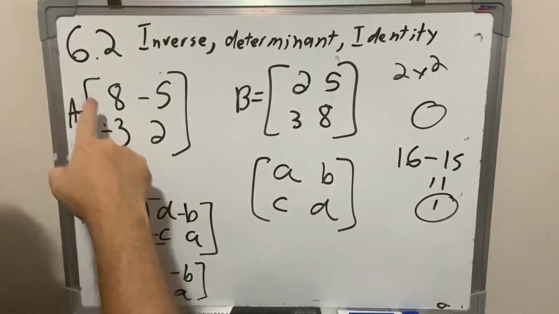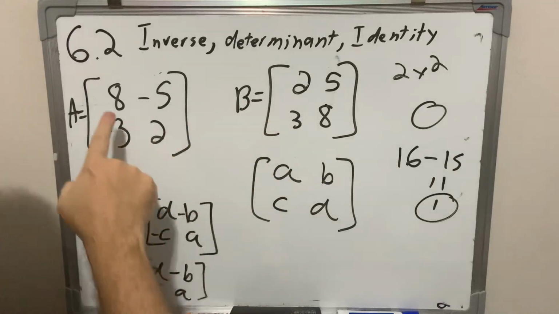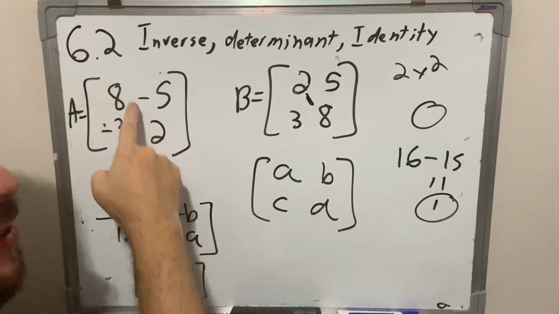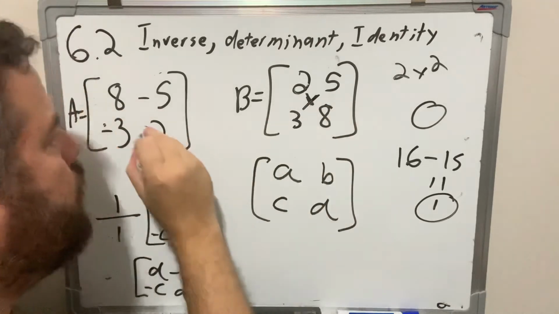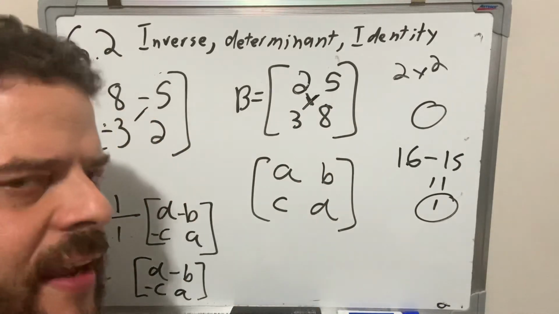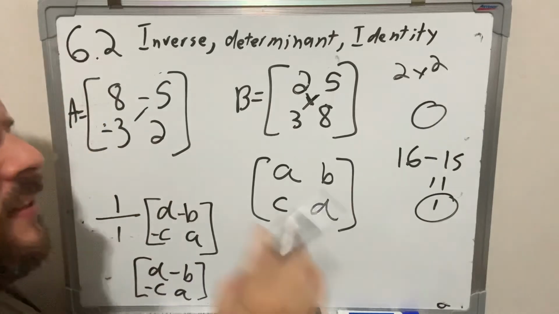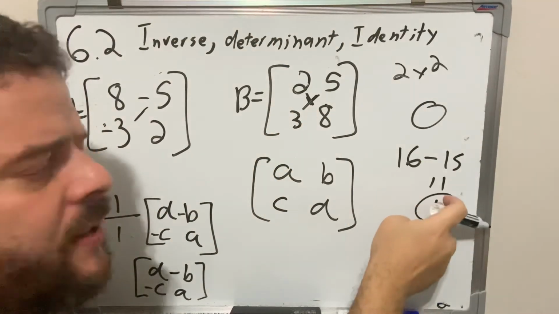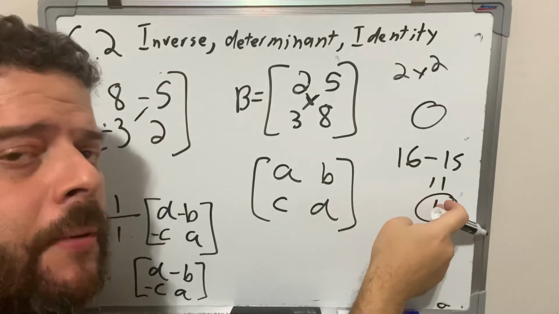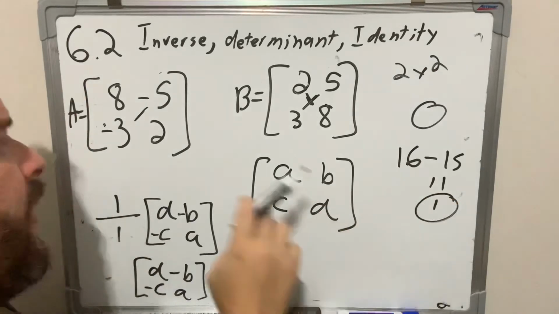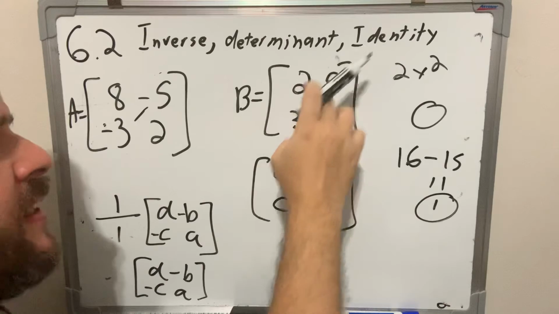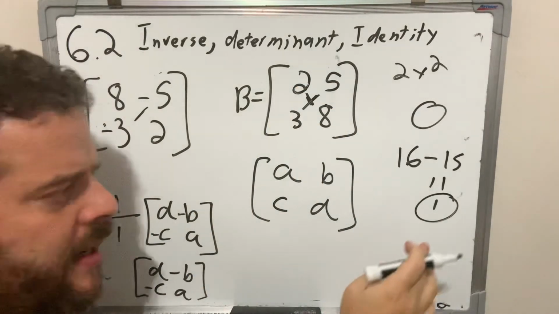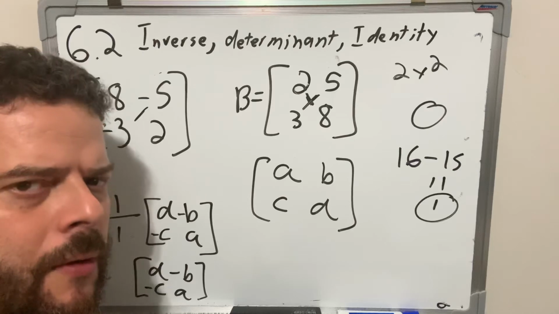And if you notice, what happened with these two values? They switched position. And what happened with these two values? They changed signs. So again, instead of doing the whole Gauss-Jordan elimination, I found my determinant, it's 1, very simple. Then I changed these positions, changed these signs, and multiplied by the inverse of the determinant. Now, sometimes this number will not be 1.